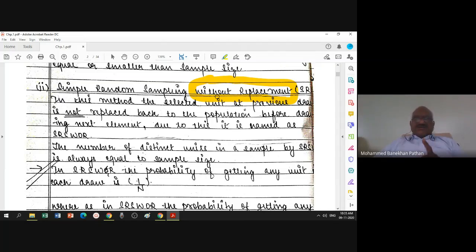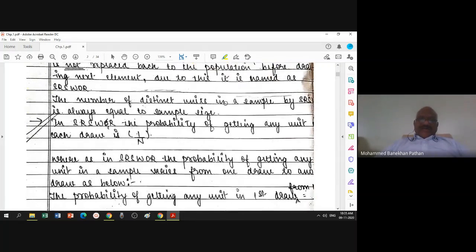Such questions may be asked in your MCQ, multiple choice questions. Under SRSWR, the sample elements are repeated, not repeated, and so on. So there are many possibilities to create MCQs. Now we proceed ahead.